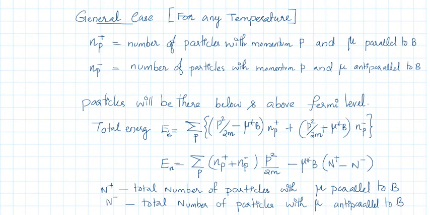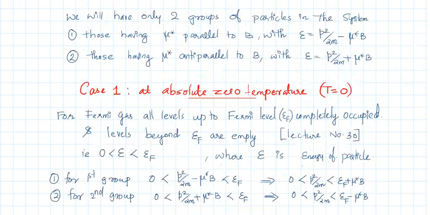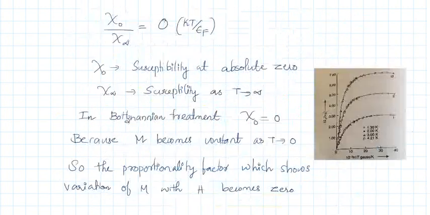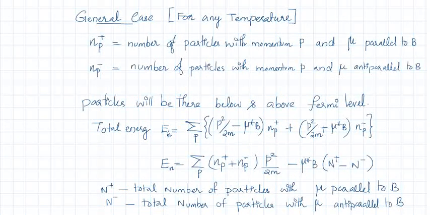So far we considered the special case at absolute 0. Now we will consider the case that is applicable for any temperature. Here the particles can be above the Fermi level also. There is no restriction for the energy of a particle, it can go beyond the Fermi level. So we will treat it differently.